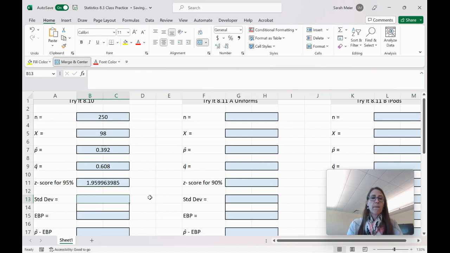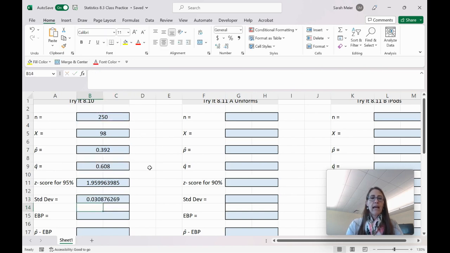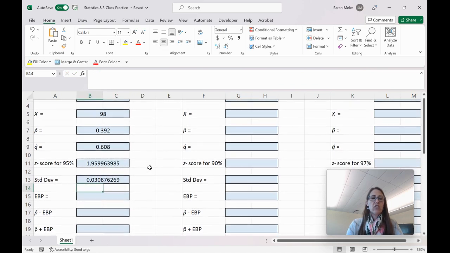We get our z-score. Now our standard deviation is going to be the square root of p hat times q hat divided by n. This one's one of the trickier ones that we've seen. So the square root of p hat times q hat divided by our sample size. That is our standard deviation.